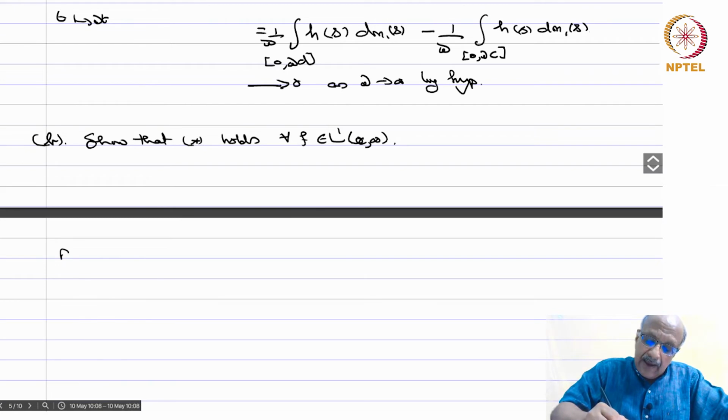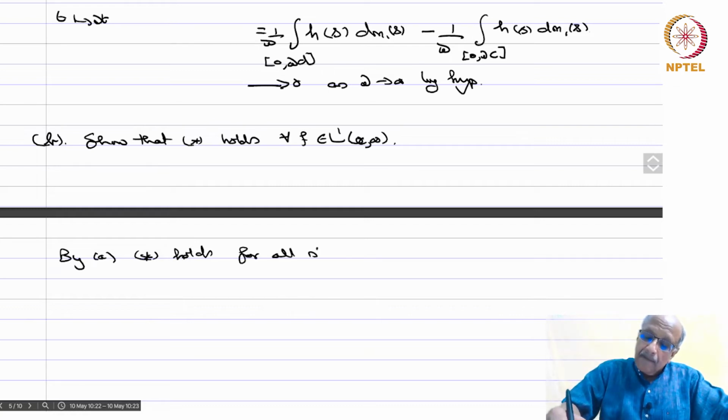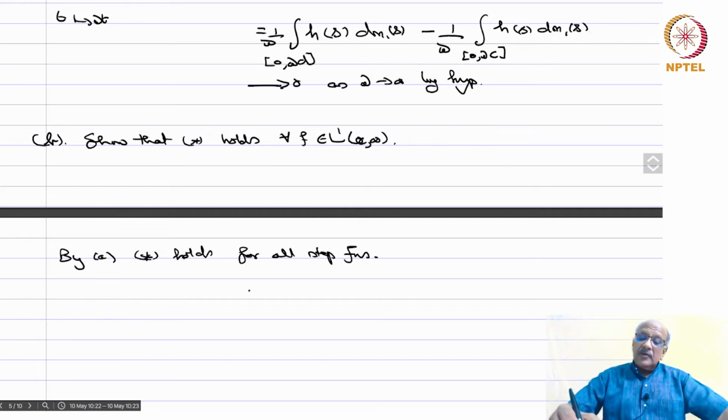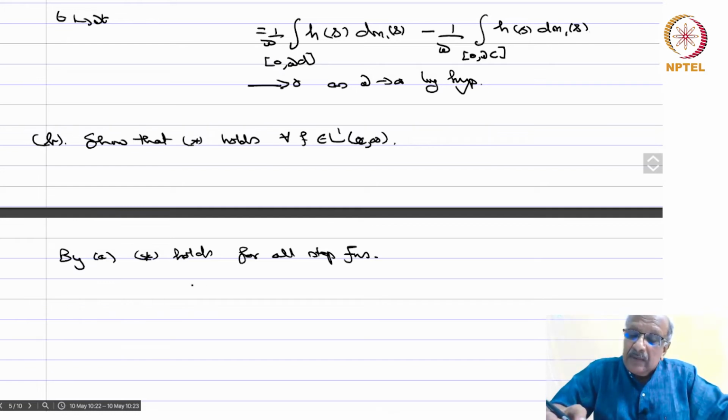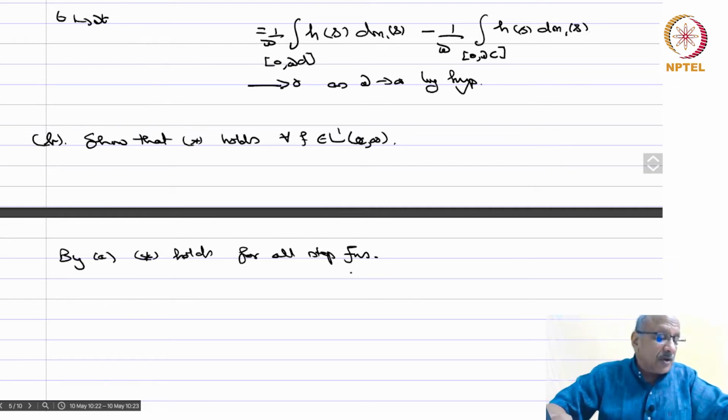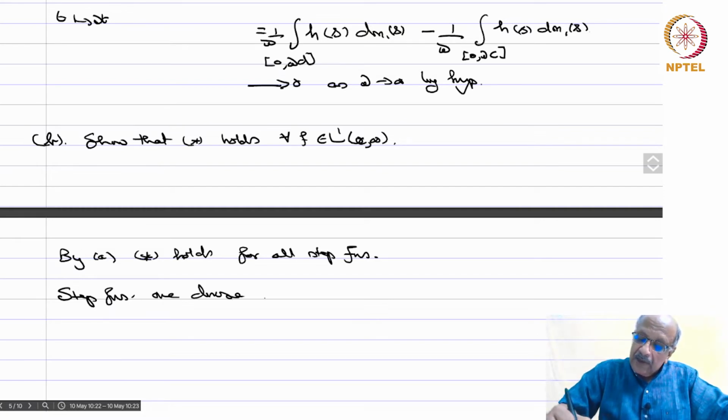So by A, star holds for all step functions. What is a step function? It is a simple function where each element chi of E_i is in the form of an interval, okay, in one dimension. That's a step function. And therefore, now we have also seen step functions are dense in L1.